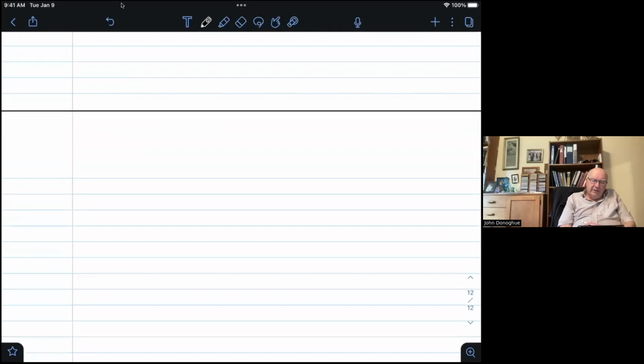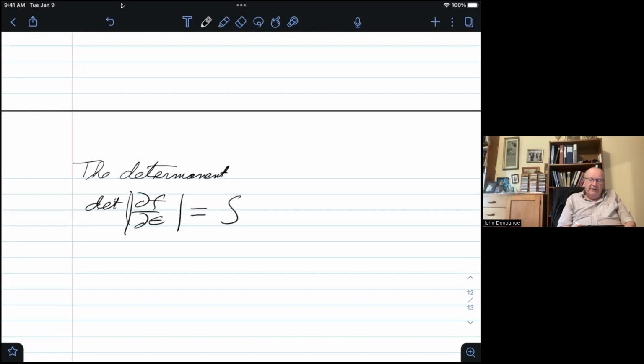The interesting part, though, is the determinant. We have the determinant of df d theta, and in a gauge theory, we write this as the path integral over fermion fields, dc, dc bar.